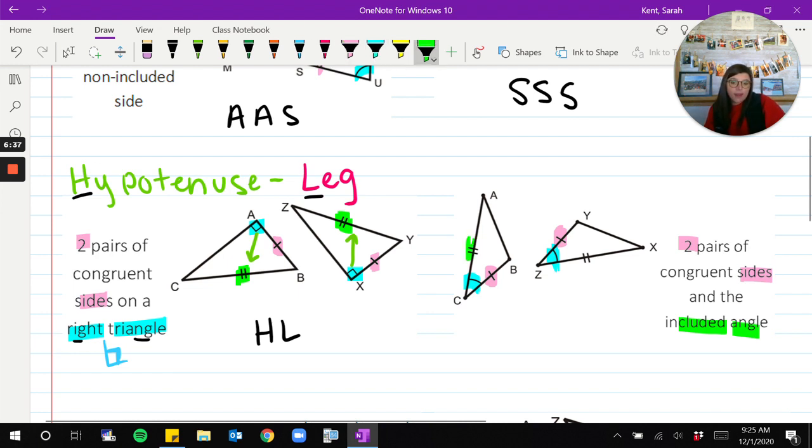And then I've got two tick marks on the other side. So this is where the angle is between the sides. What I would write is here I would start with side. Then the next thing I see is an angle.